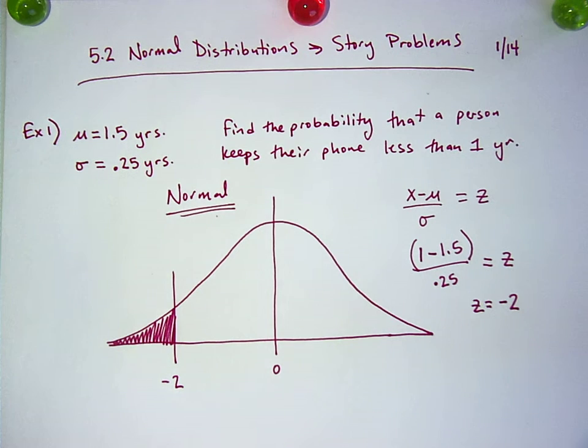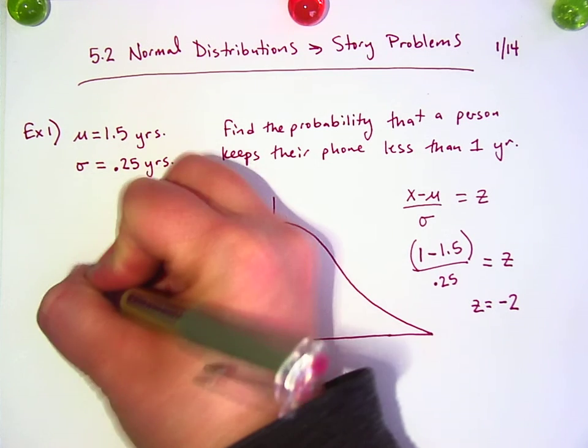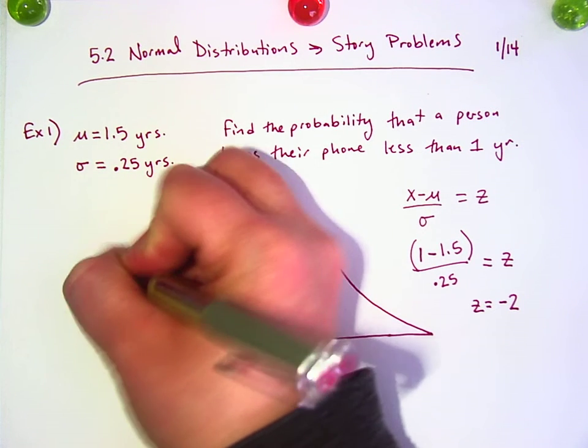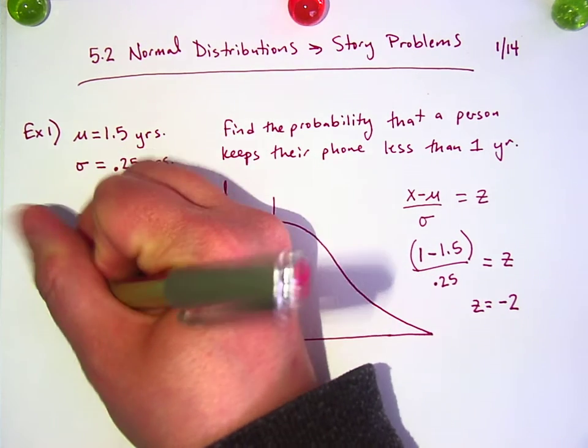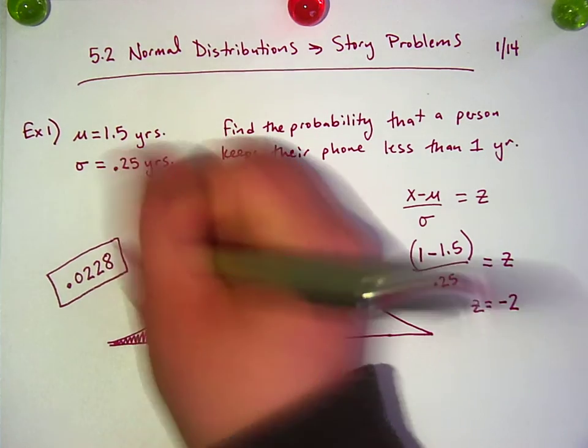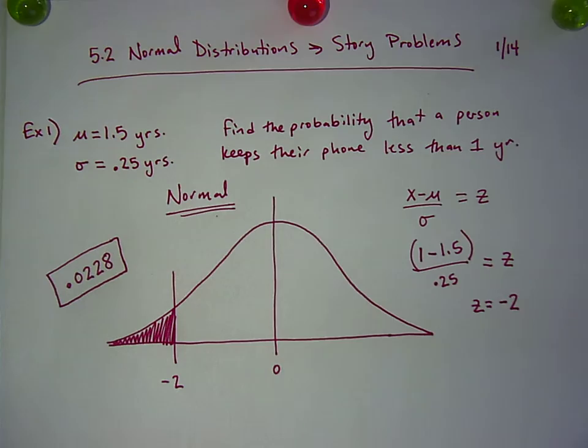Michaela, make sure you show Alex what he's doing. -2.00 is 0.0228, and that is the probability that somebody keeps their cell phone less than 1 year.